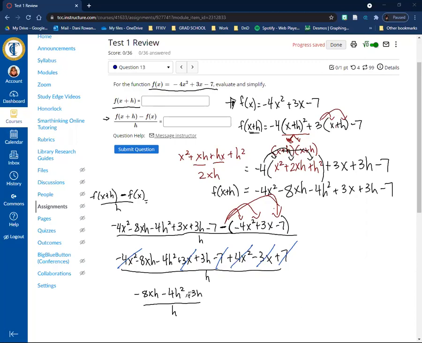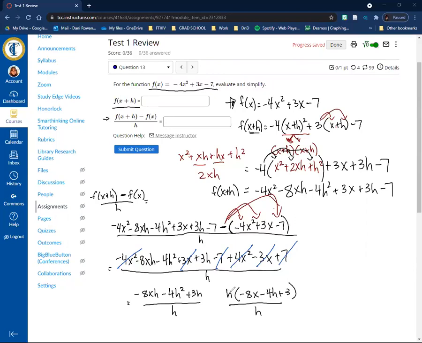What can we do next? Take out an h. Yep. Pulling out an h, we're left with negative 8x minus 4h, only one h left, right? Plus 3, all over h. Now what can we do with those h's now that you've done that?